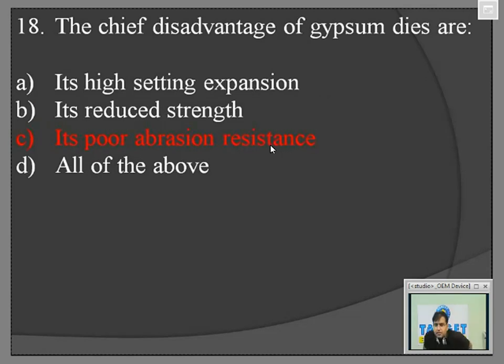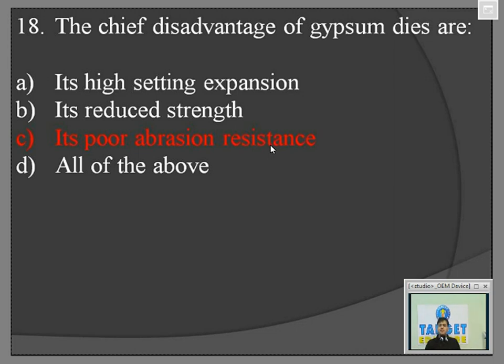Now question number 18. The chief disadvantage of gypsum dyes are its poor abrasion resistance.